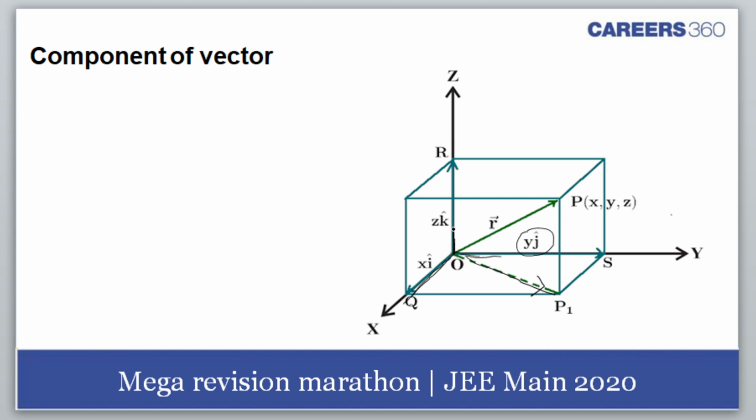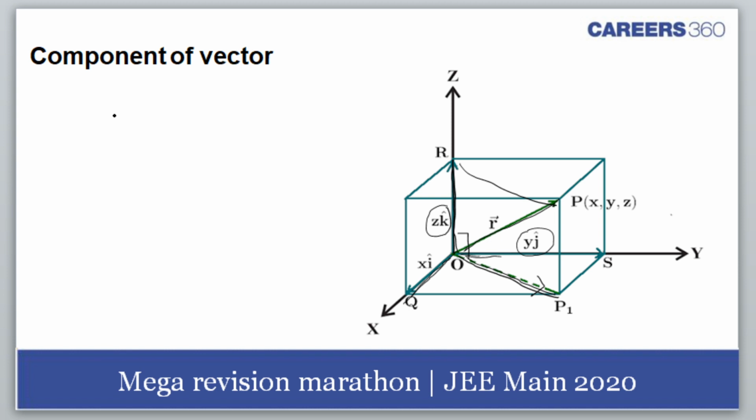And this vector OR is nothing but zk. Now this vector OP1 and this vector OR, if I take the resultant of these, mind you, this is 90 degree, the resultant would be the vector OP.